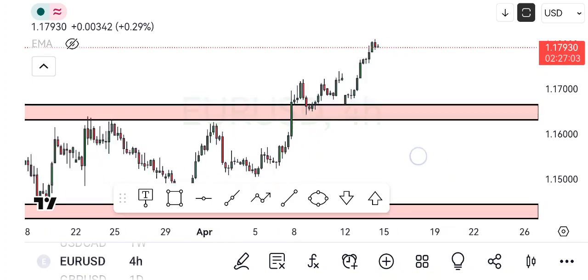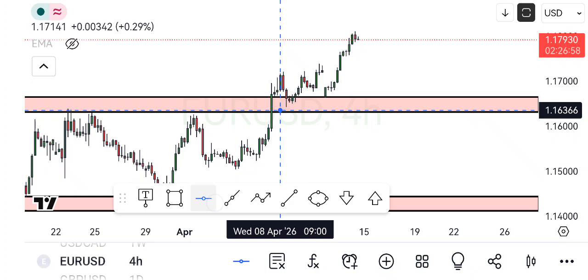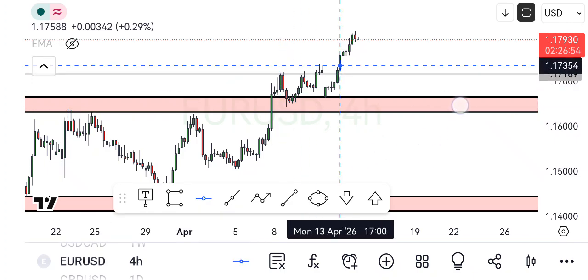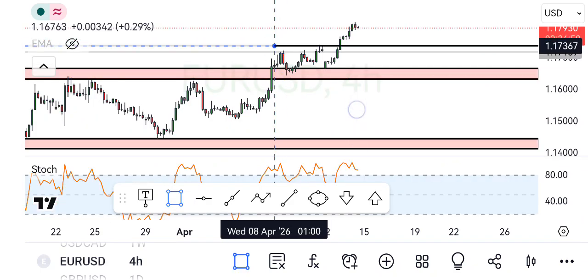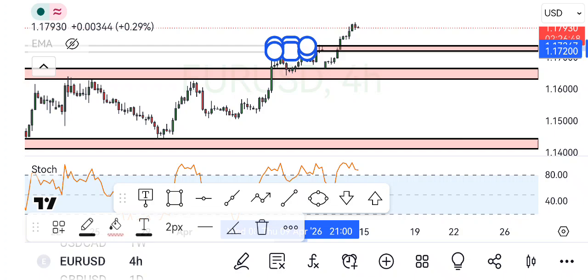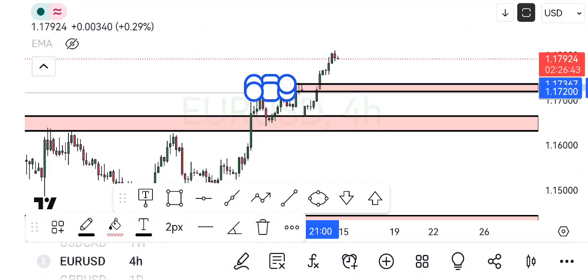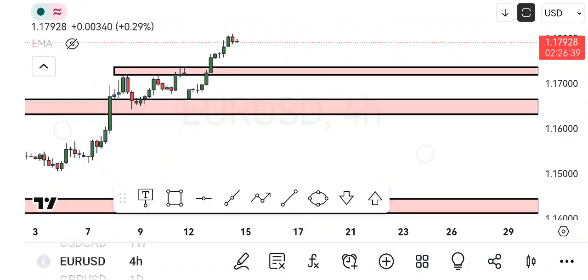What I see right now is that I can wait for the price to come to this. Do you notice this? It will even be clearer on other lower time frames. Do you notice this?